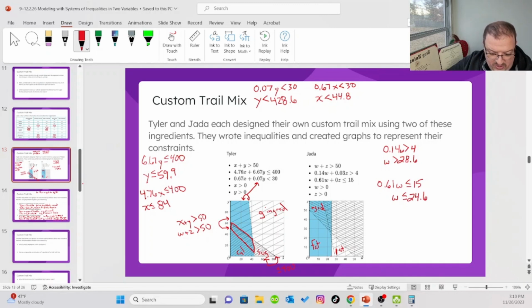So for them, if we want something that satisfies all of it, it needs to be in blue, it needs to have this wide shading, and it needs to have this thinner shading. So my solutions would be this solid line and anything in the double blue and line shading here. So anything in this area solves for Tyler. Anything in this triangle area here solves for Jada.